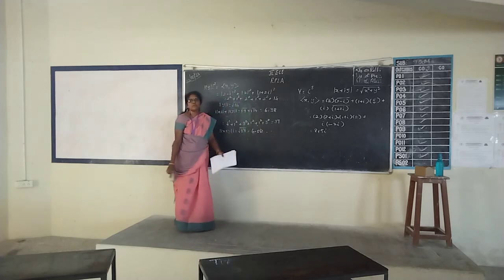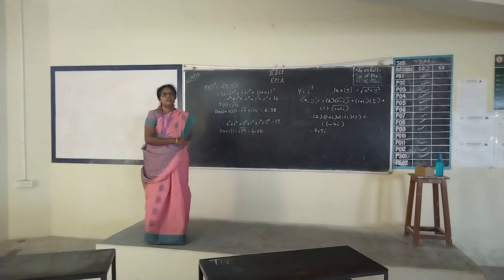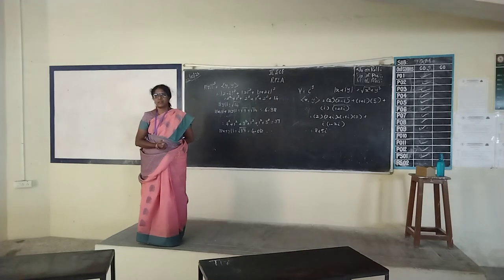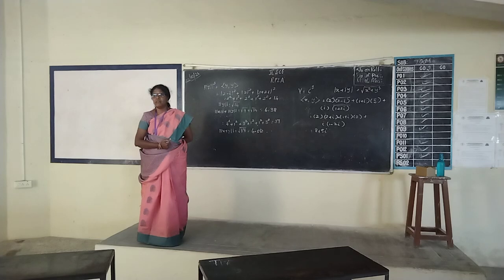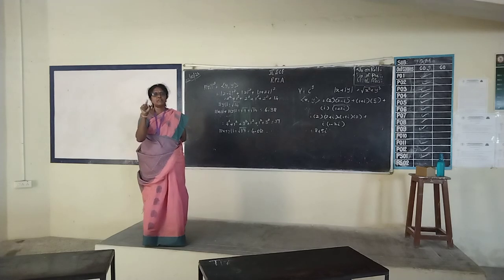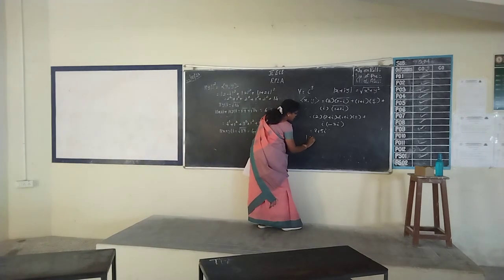But to prove Cauchy's inequality, what is the reference type? Not norm. Cauchy's inequality reference type? Modulus. Did I give you norm? Modulus of the inner product of x comma y. So what is modulus of inner product of x comma y?